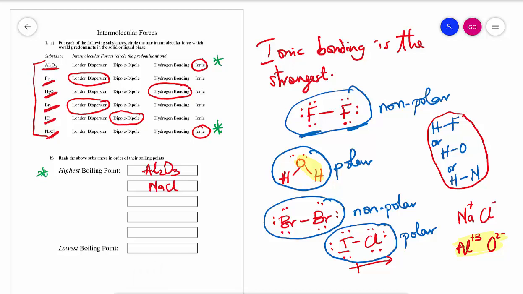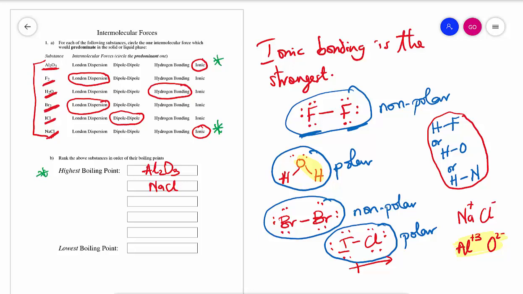After the two ionic compounds, then the next compound in order of intermolecular forces strength will be the hydrogen bonding. Hydrogen bonding is the next stronger intermolecular forces after ionic bonding.